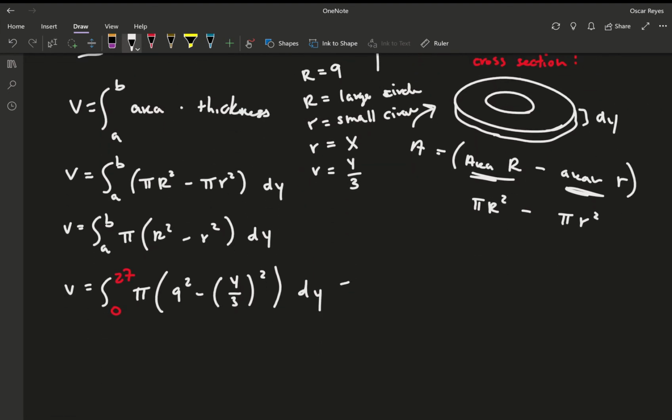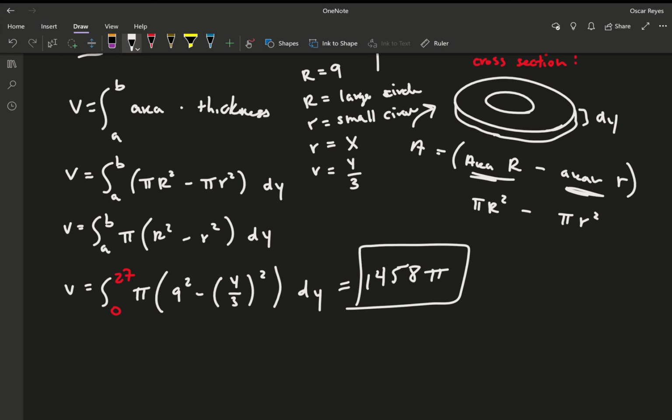So if we plug this into our calculator, we get that our volume is equal to 1,458 pi. I usually leave it in terms of pi, since it comes out with a nicer number. If you need to, plug it in and find a decimal, round to your nearest tenth, hundredth, whatever it is, and go ahead and do so.